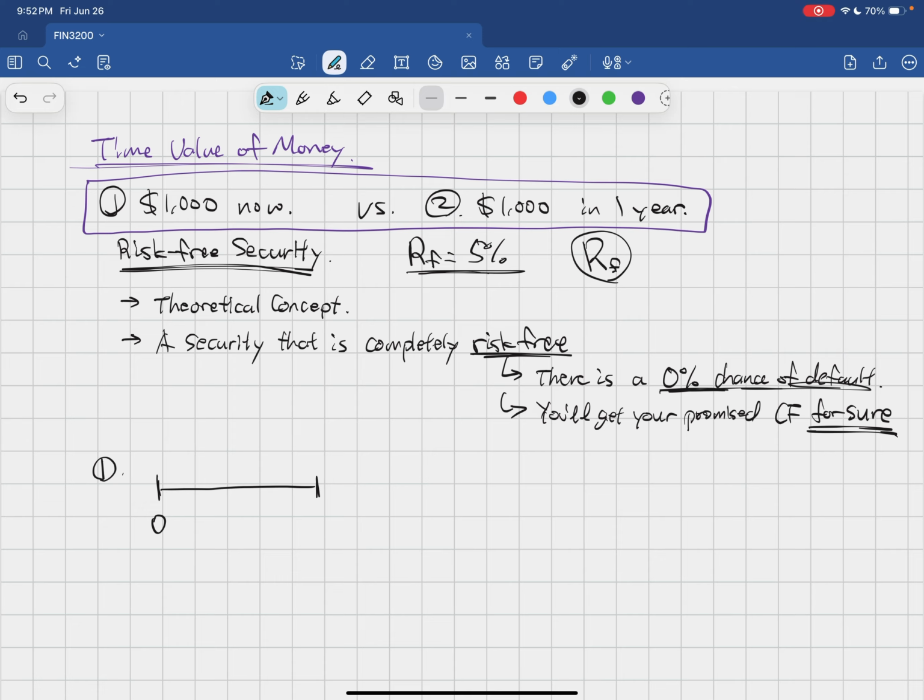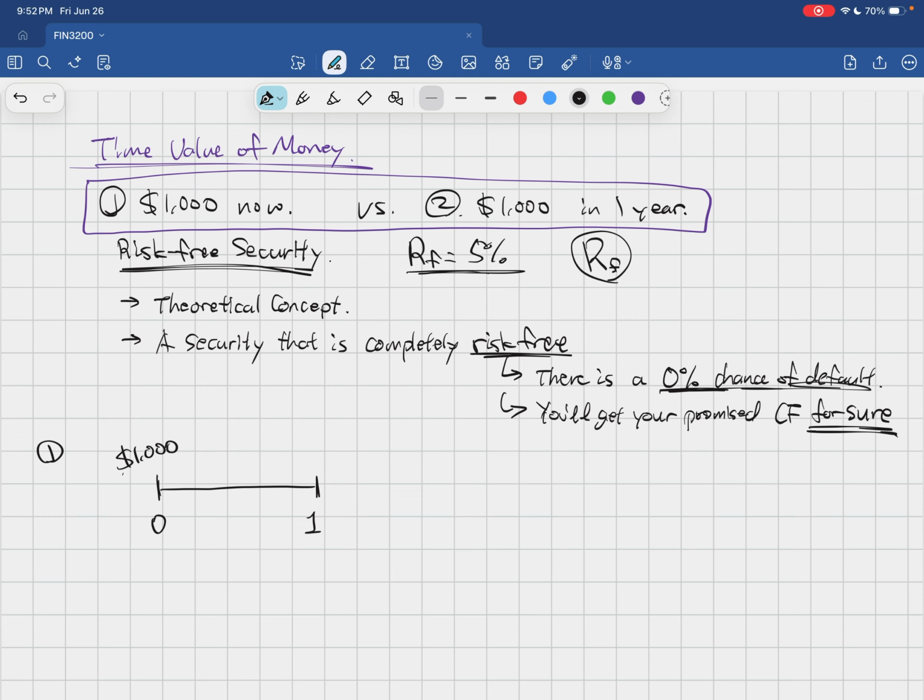Right now is always time 0, and we'll say 1 year later from now is time 1. What option 1 promises you is you'll get $1,000 right now.